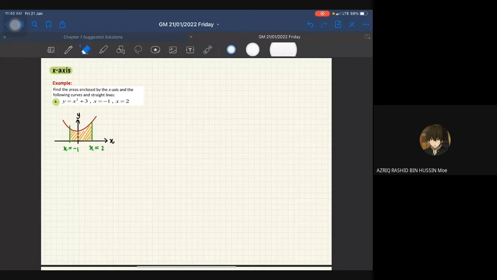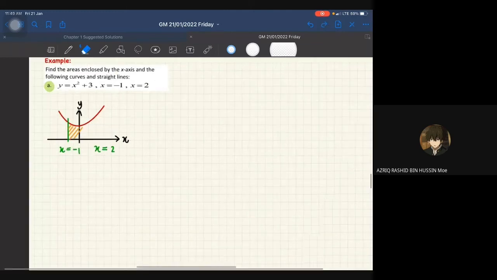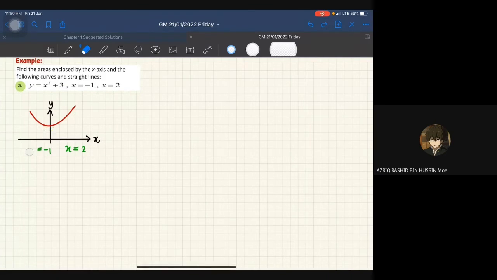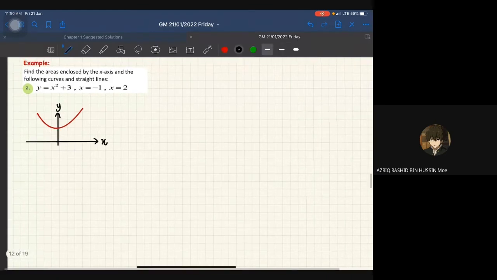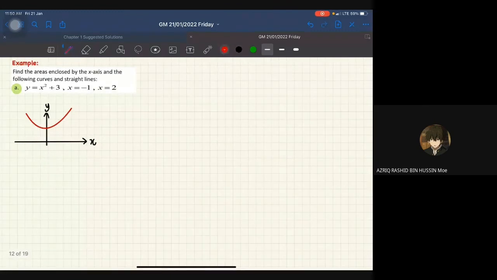So I erase this first. Oopsie, sorry. Okay, so we have the graph. This is our graph, this is our function.